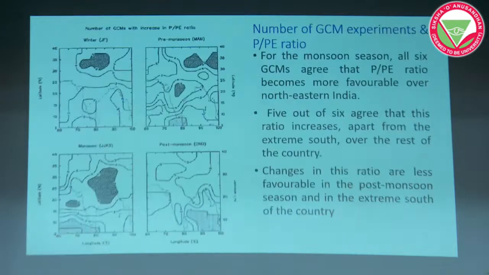So we studied what will be the compensating P and PE in the monsoon. If you see in the monsoon, the eastern region will be on the slightly safer side where we can get the moisture. But post-monsoon, we don't have. Even in monsoon also, the southern part will be at risk.